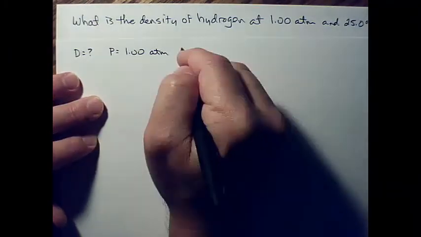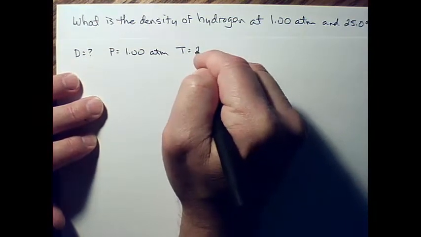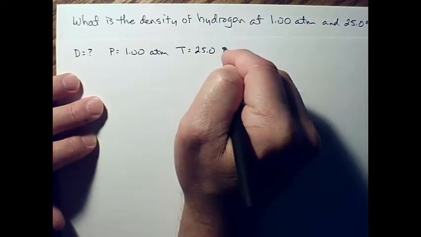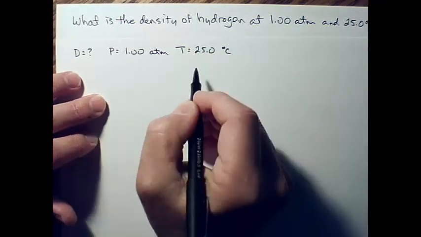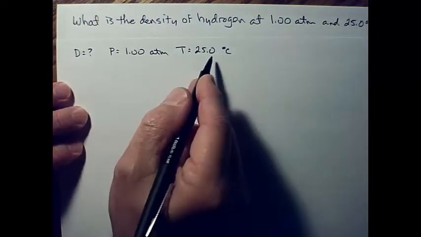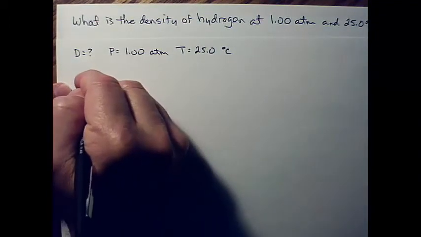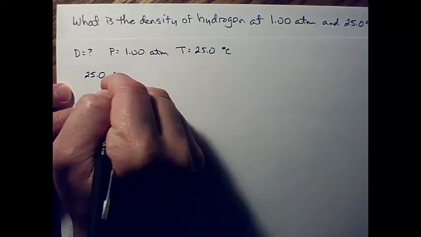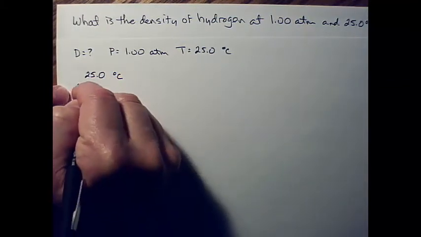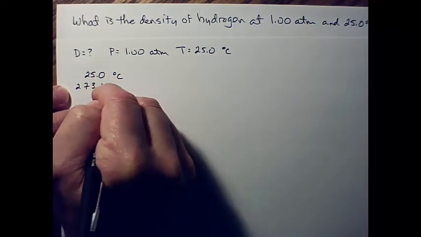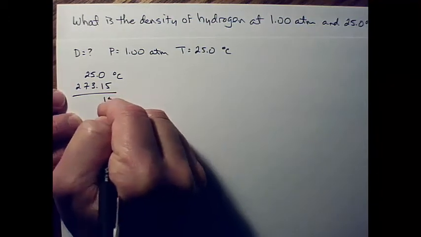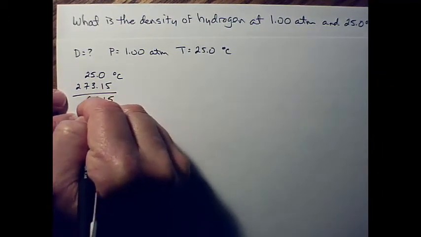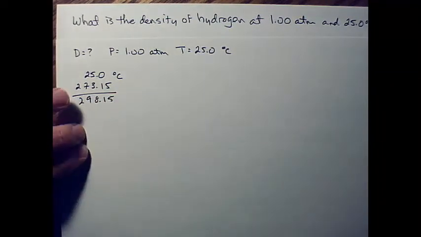We've got a temperature of 25.0 degrees C, but we can't use degrees C temperature, so we need to calculate what that is in Kelvin. So 25.0 degrees C plus 273.15 is 298.15.